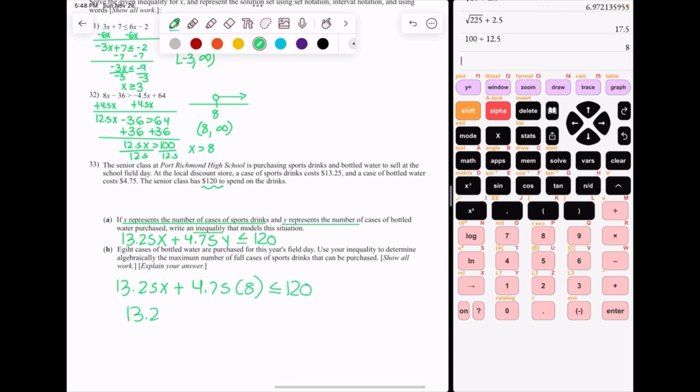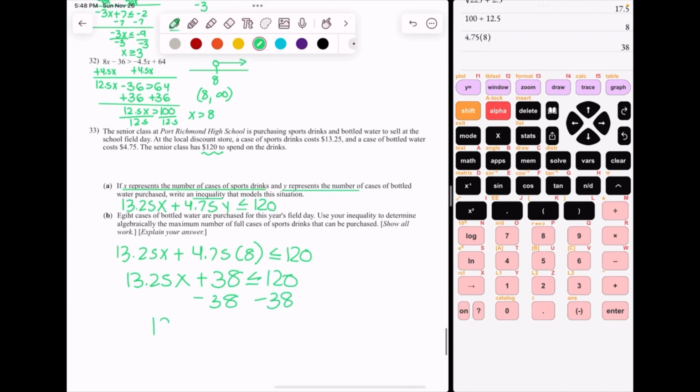So then 4.75 times 8 is 38. So let's subtract 38. We get 13.25x is less than or equal to 120 minus 38. 120 minus 38 is 82.